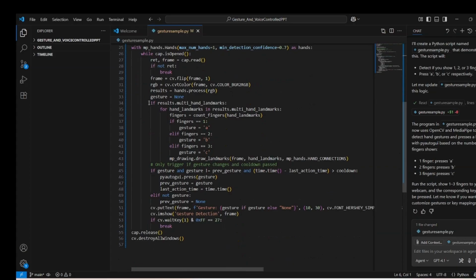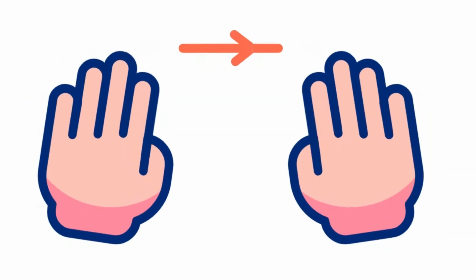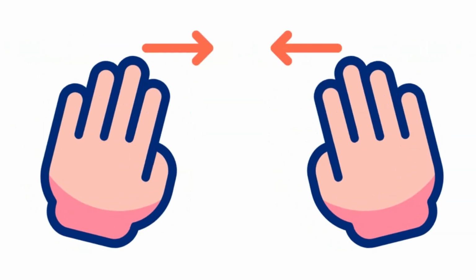And if you see the logic, it counts the number of fingers raised. If you raise one finger, it detects gesture A, and if you raise two fingers, it detects gesture B, something like that. But we are aiming to change the slides using our hand swipes.